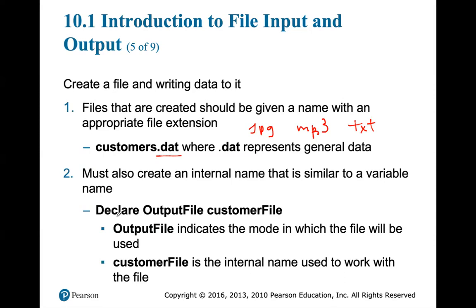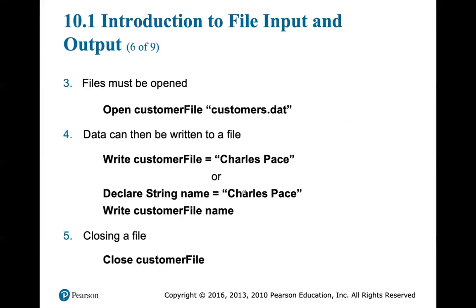Either you will declare an output file. An output file just indicates that you will be writing something to a file, so you're going to be outputting some data into a file. And then you have to create a name for your variable that's going to hold that file. Or also, this is how you open a file right here.